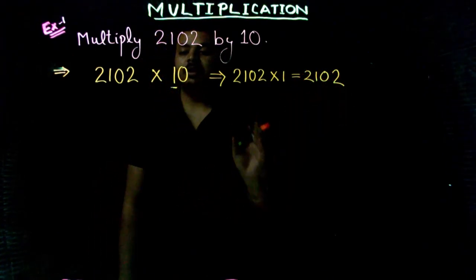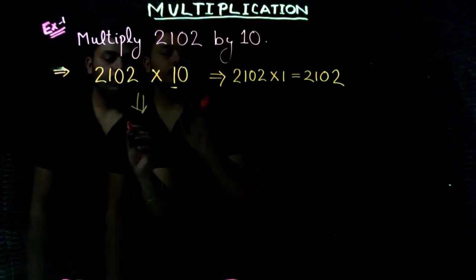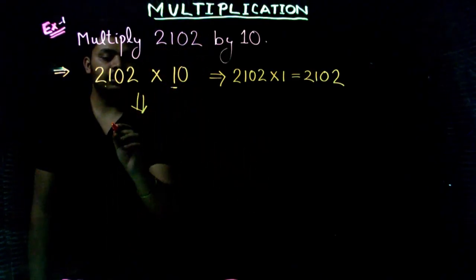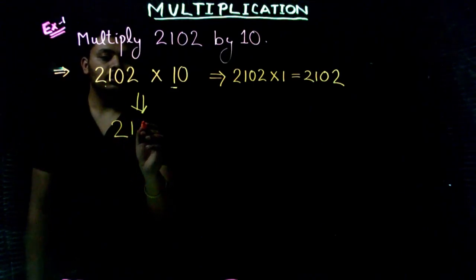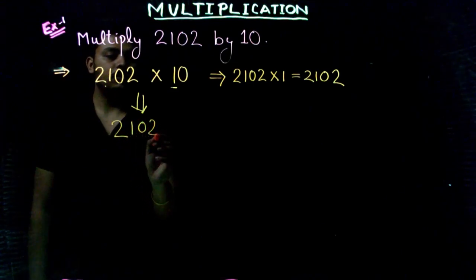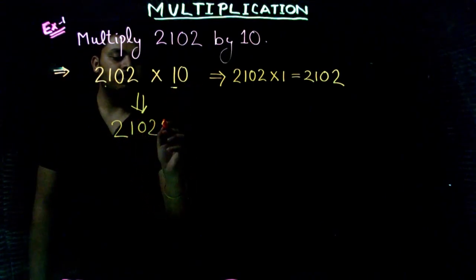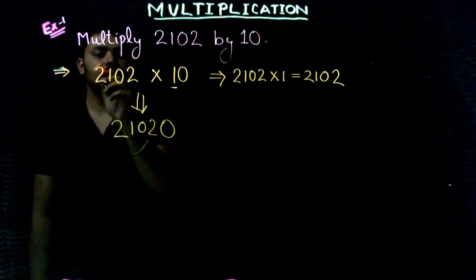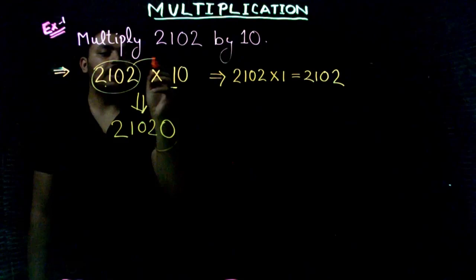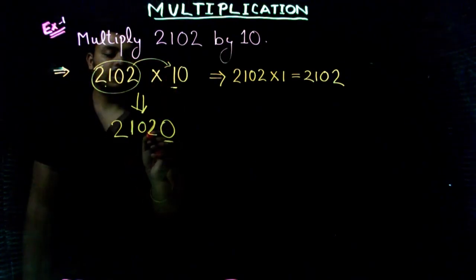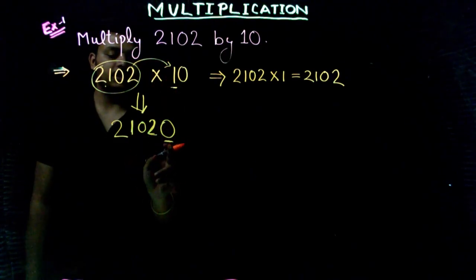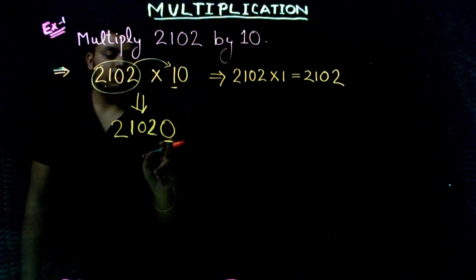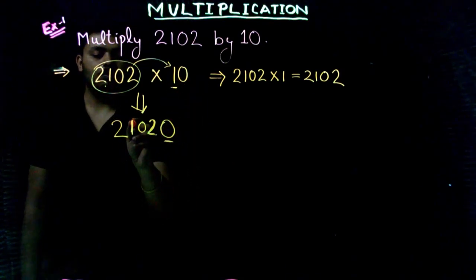Then we will place a 0. Now since 2102 into 1 is equal to 2102, the 0 we have to place at the last of our product. That is, when we multiply these two numbers, at last we have also to place the 0, that is the 0 that is after 1 has to be placed in our answer or the product.